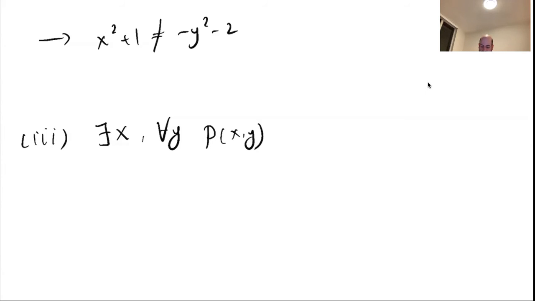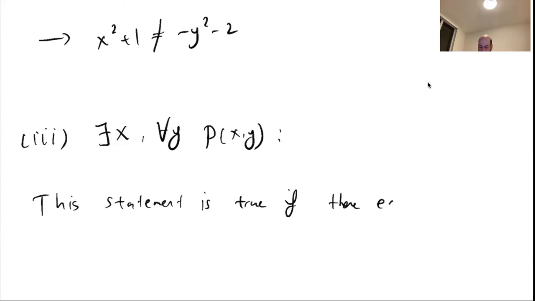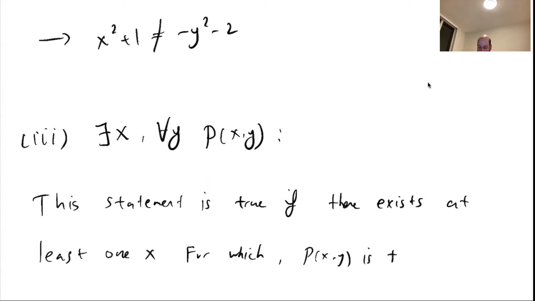Right? So I can say that this statement is true if there exists at least one x for which p of x and y is true for every y.